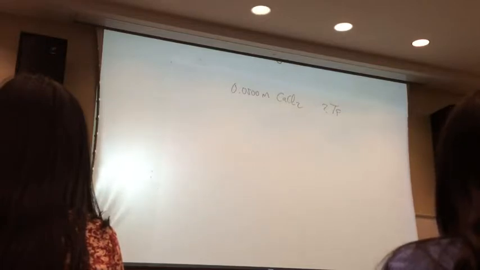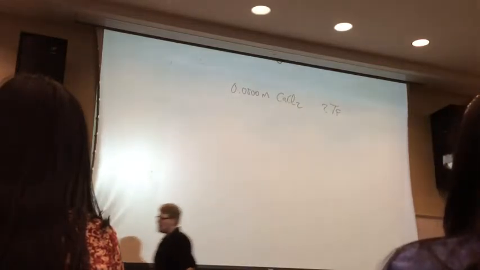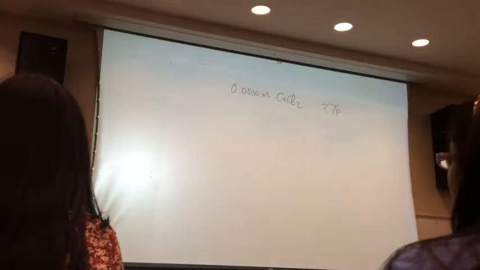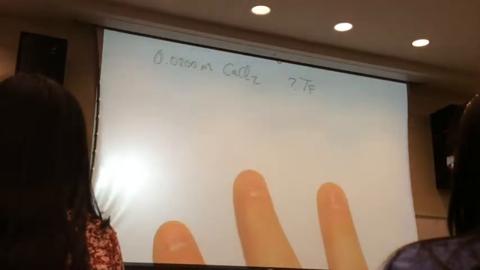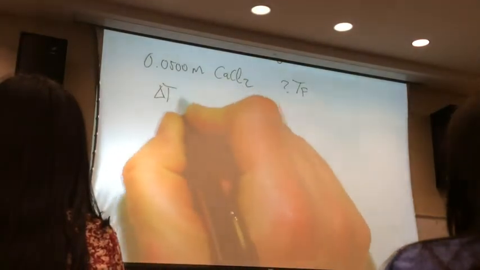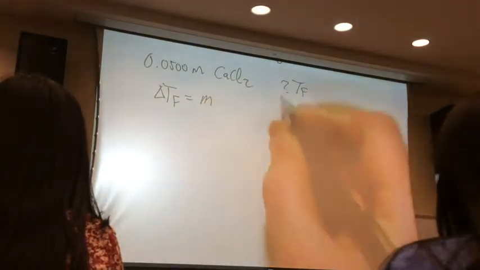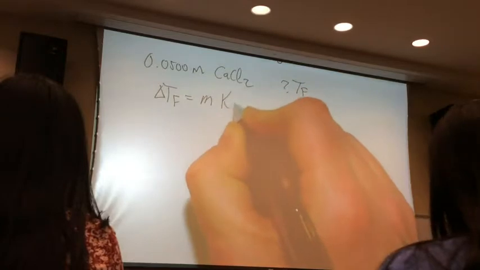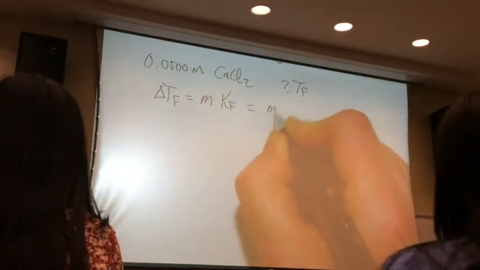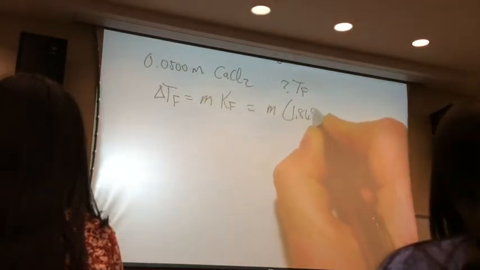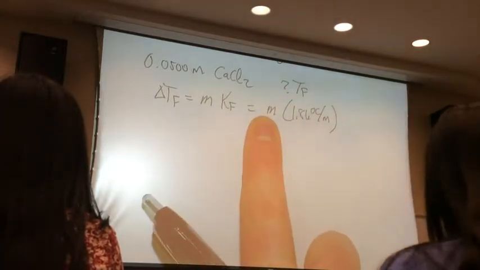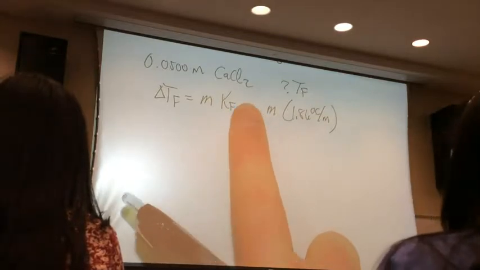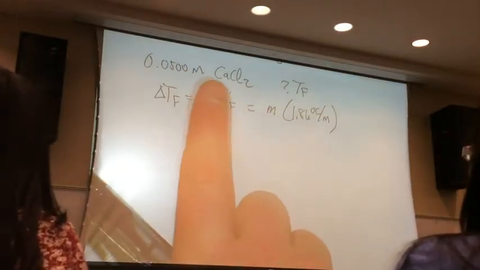So if we're going to do this, we know that the change in the freezing point is going to be the molality times the Kf, which is molality times 1.86 degrees Celsius per molal. You're given this for water. So I need to know what the molality of that solution would be.